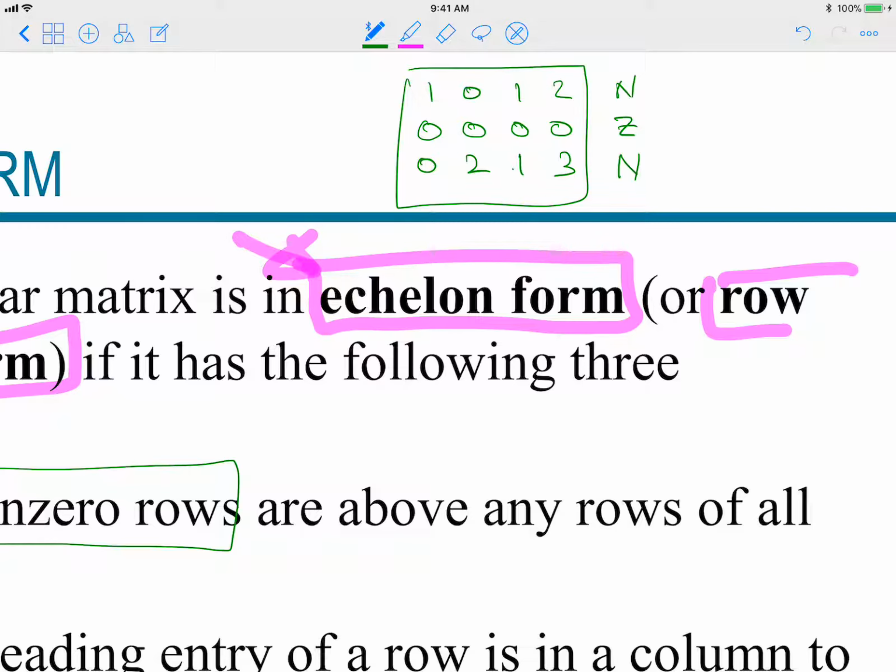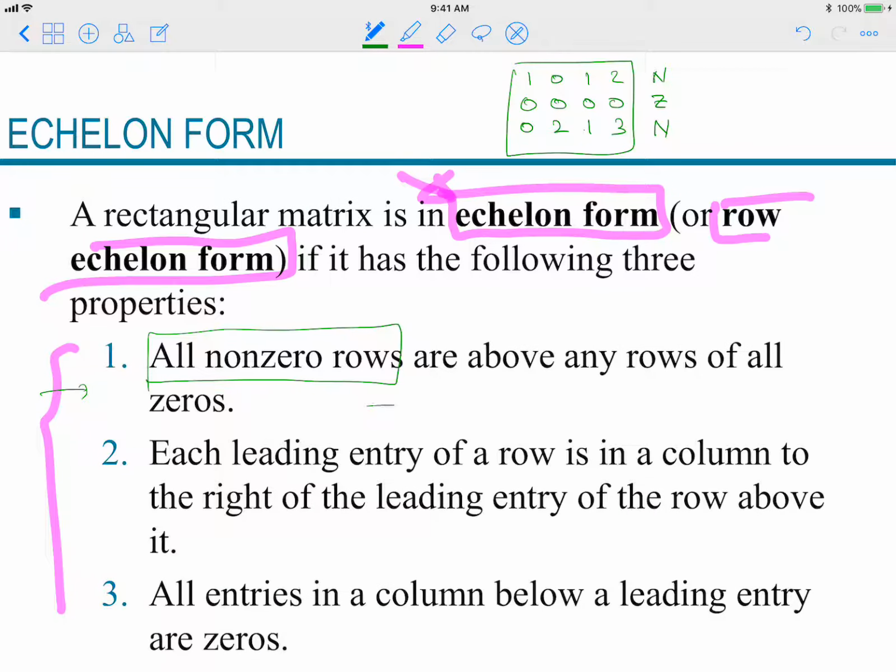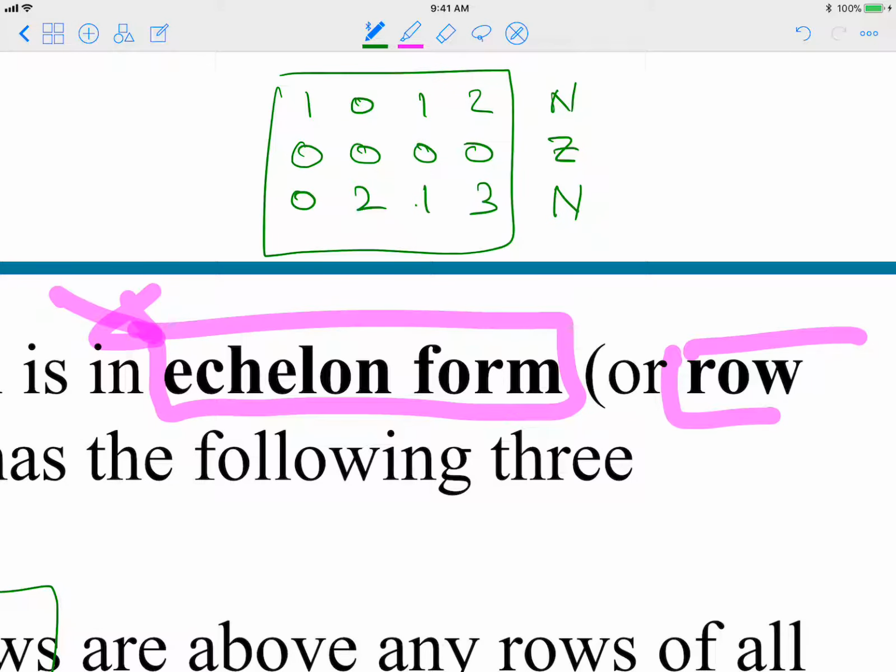And in this case, this one is not an echelon form because the first requirement is saying that any of these zero rows should be placed in the bottom part of any of the non-zero rows. So we basically classify each row into either zero or non-zero.